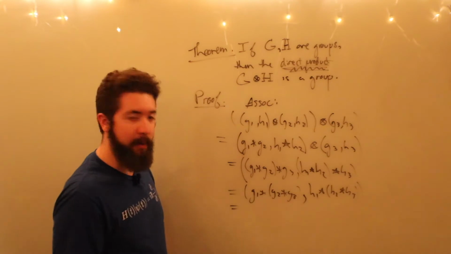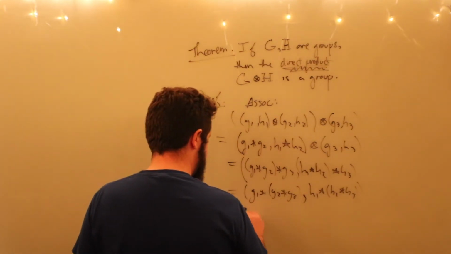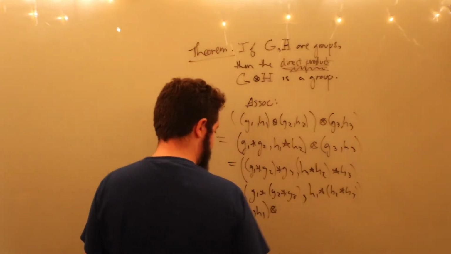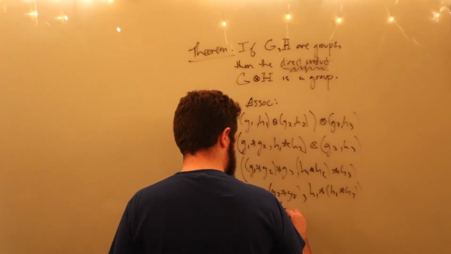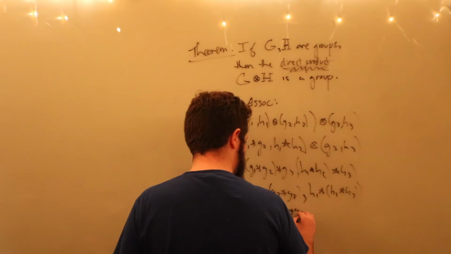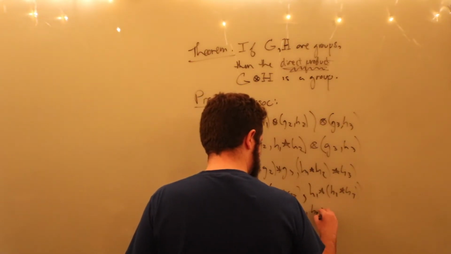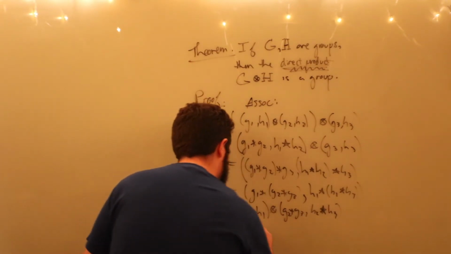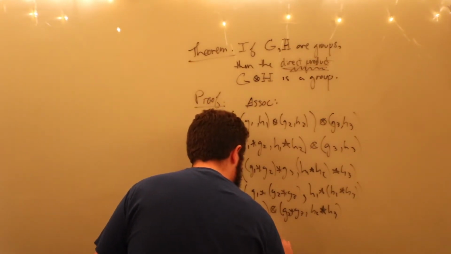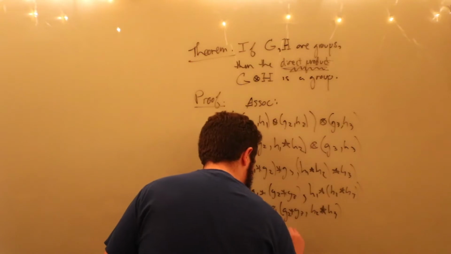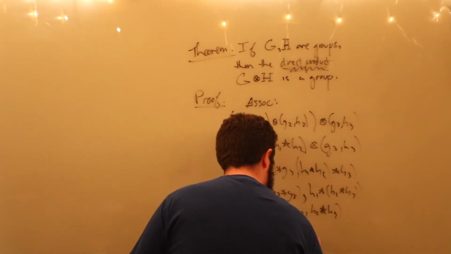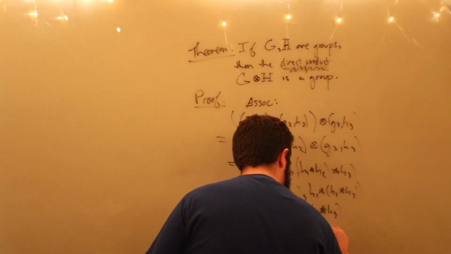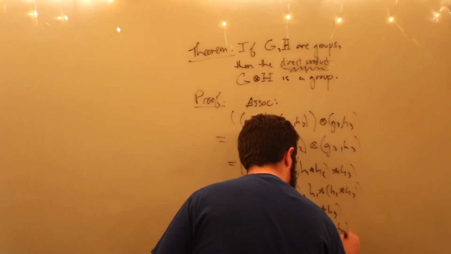So now, working backwards, we get that this is equal to (G1, H1) times (G2 star G3, H2 star H3), which is equal to none other than (G1, H1) times, in parentheses, (G2, H2) times (G3, H3).